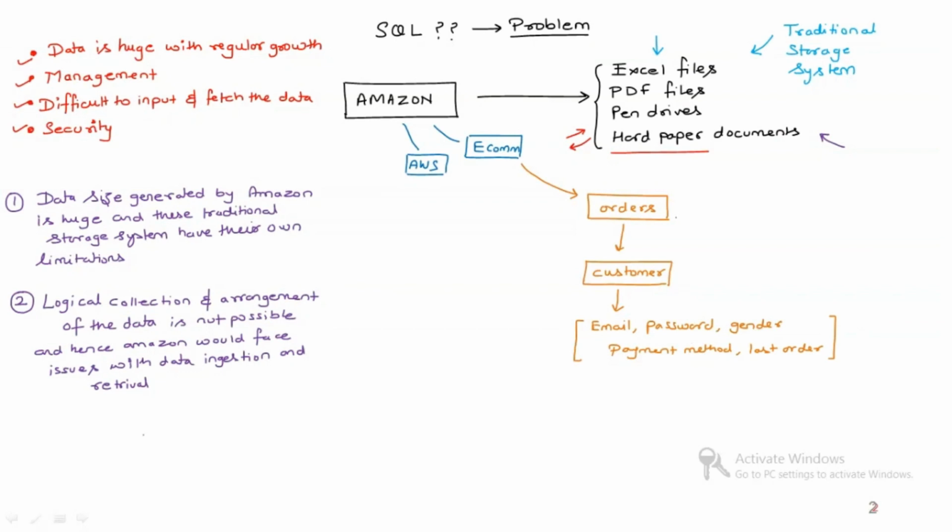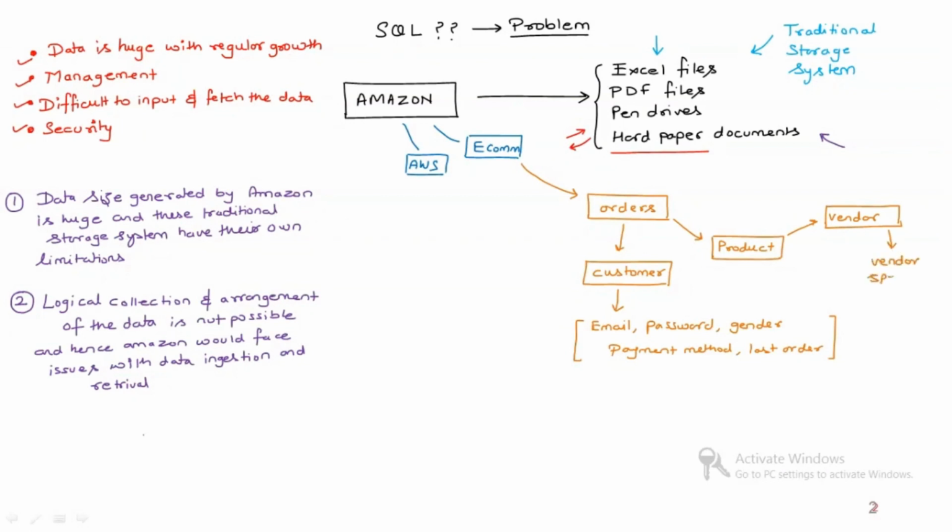Then each order will be associated with a product. So which product has been ordered and what are the details of that product. Each product will be associated with a vendor, because I hope everyone already knows that Amazon is a marketplace which connects various vendors with the customers. So here we have vendor specific information, and each vendor will have their own details.